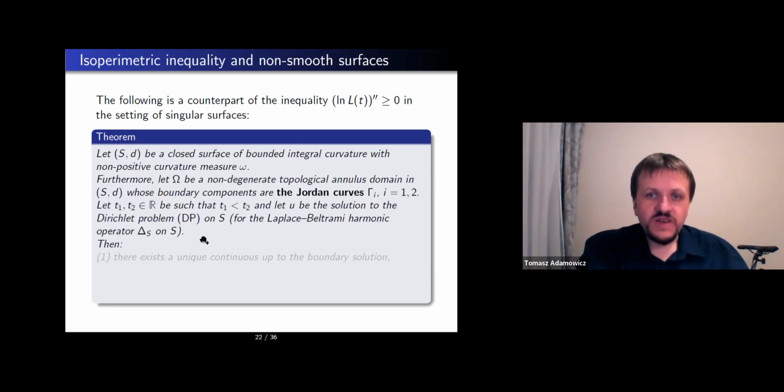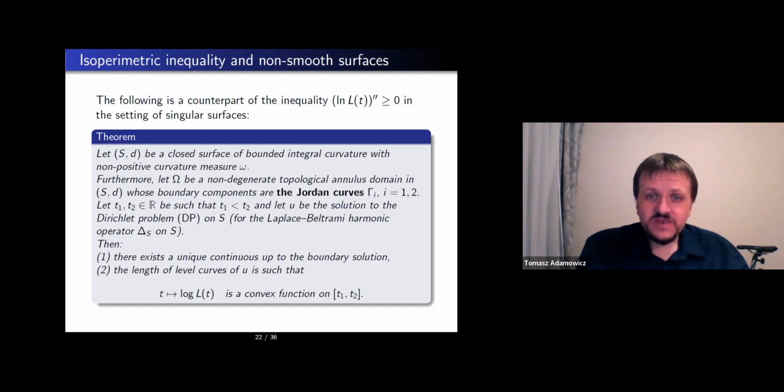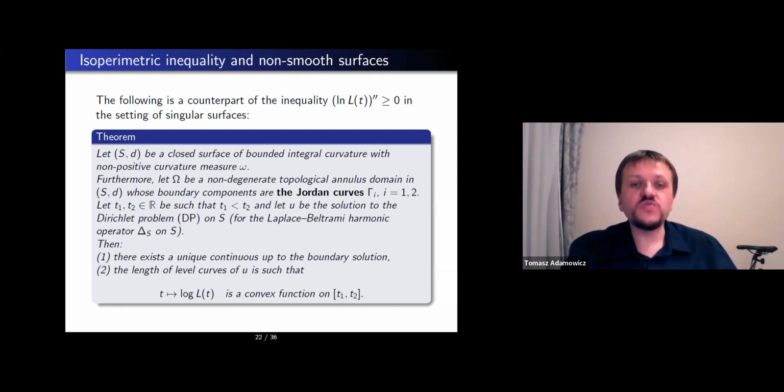That is, we take the Laplace-Beltrami operator on S and look for harmonic functions with constant boundary data on components of the boundary of the annulus Ω. Then there exists a unique solution continuous up to the boundary to this problem, and the length of the level curves is such that the logarithm of L(t) is a convex function on the closed interval [t1, t2]. So we see that this is a conspicuous generalization of the differential inequality from the smooth case.